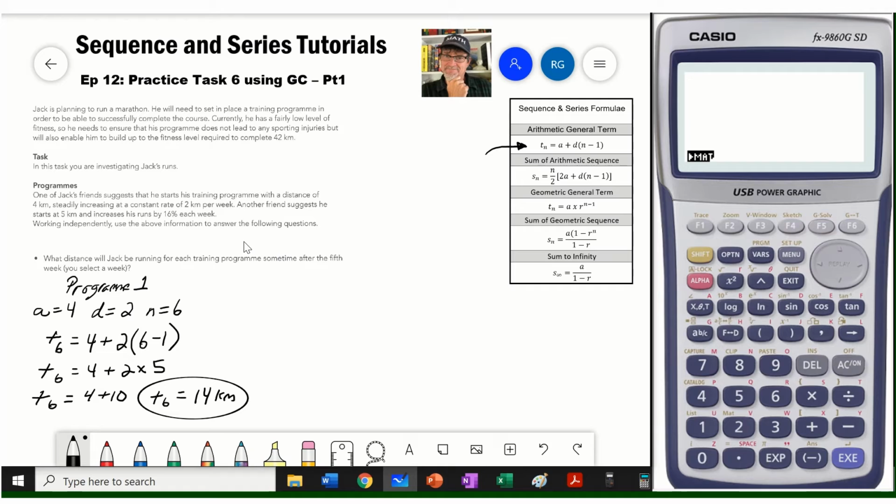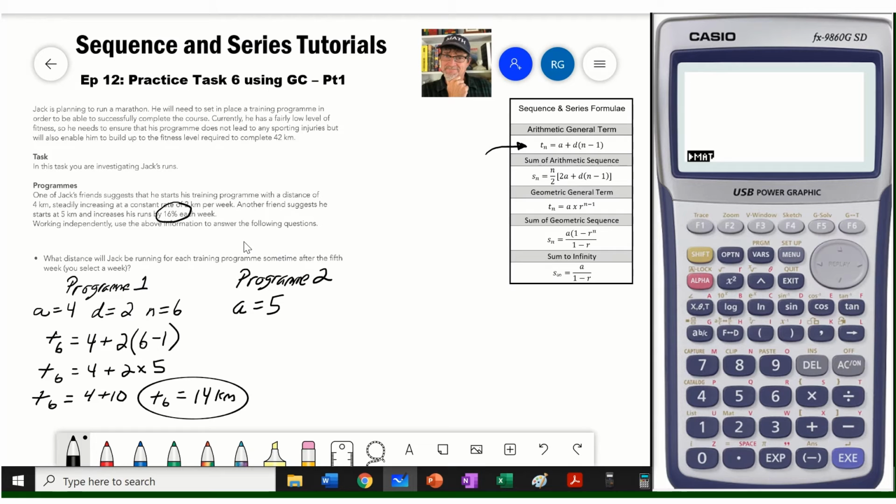All right, let's have a look at program 2. Another friend suggests he starts at 5 kilometers, so that's our A. A equals 5. And increases his runs by 16% each week.